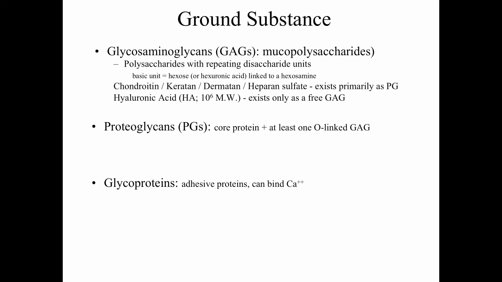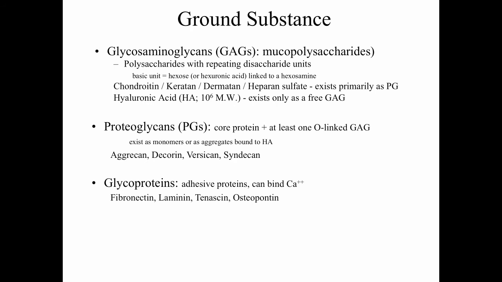Hyaluronic acid is one of the very largest of the glycosaminoglycans. This one exists only as a free glycosaminoglycan. Then proteoglycans themselves consist of a core protein and at least one O-linked glycosaminoglycan. These can exist as monomers or as aggregates bound to hyaluronic acid. Then there are some of the glycoproteins, adhesive proteins, which can bind calcium. So you've heard of molecules like fibronectin or laminin, osteopontin, for example.